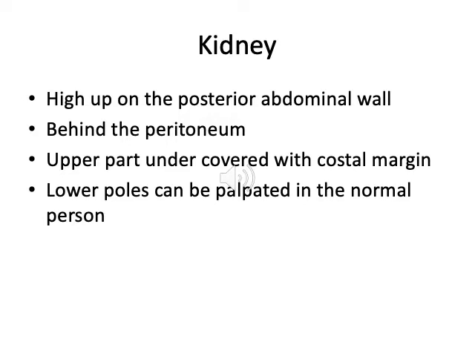There are two kidneys in humans. They are high up on the posterior abdominal wall and behind the peritoneum. The upper part of the kidney is covered by the costal margin, and the lower poles can be palpated in a normal person.